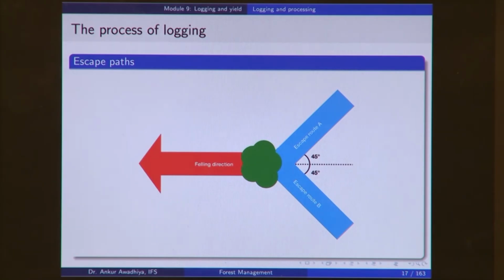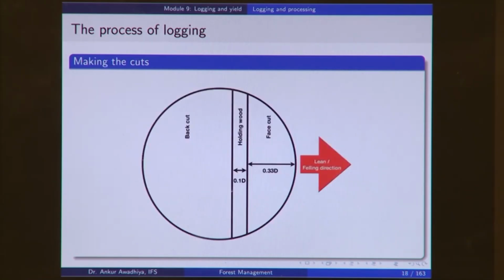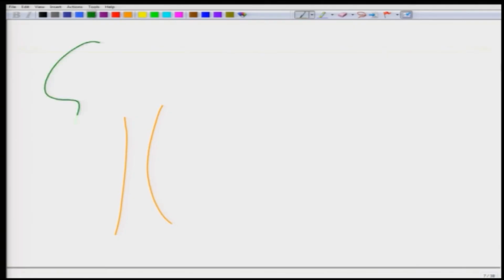Now, whenever the felling operation is done, typically it is done using 3 different cuts. So, here you have a tree and you want this tree to fall in this direction. So, how can you ensure that?